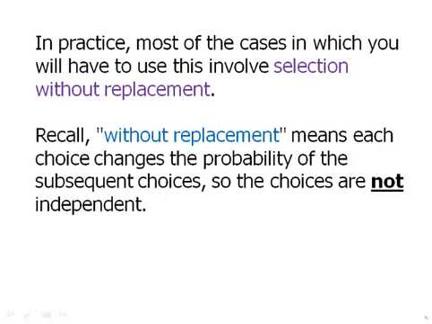And so the number in the selection deck changes every time, which means all the ratios change, which means all the probabilities change. In particular, suppose I pick a heart on my first card, and then I pick a heart on my second card. Now it's much less likely that I'm going to pick a heart on my third card because there are two hearts missing from the deck.